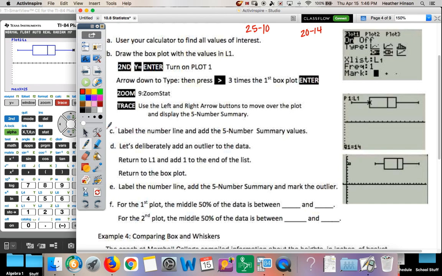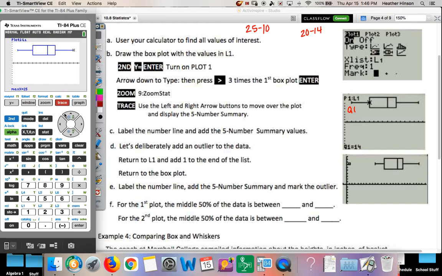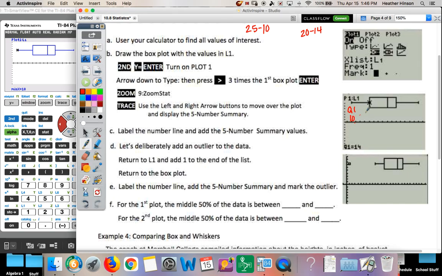So we can label all that on our paper. So this was our Q1, which was, I already forgot, 10. Sorry. That's not our Q1. That's our min, which was 10. This is our Q1, our Q2, our Q3, and our max.